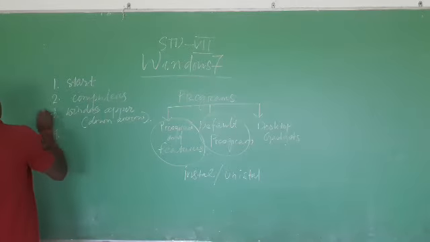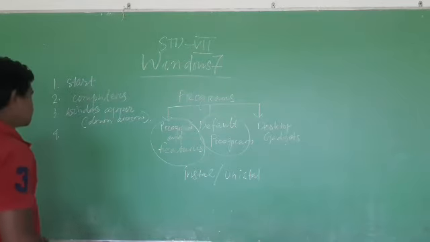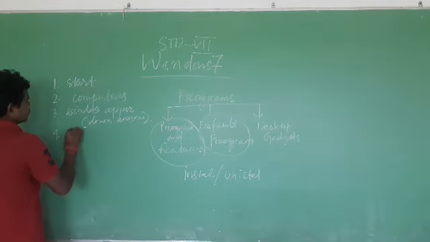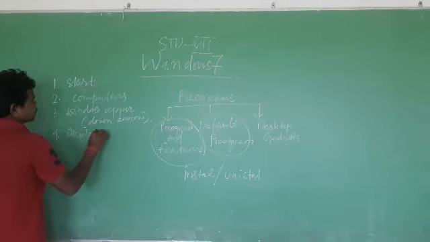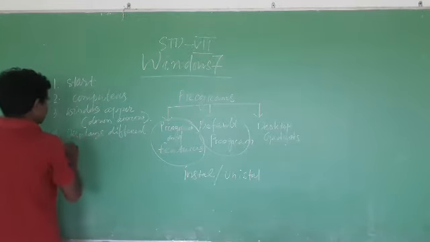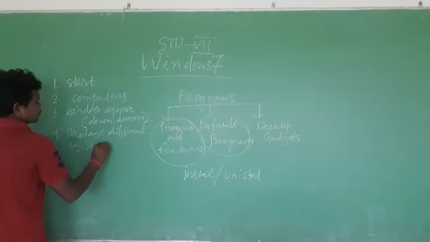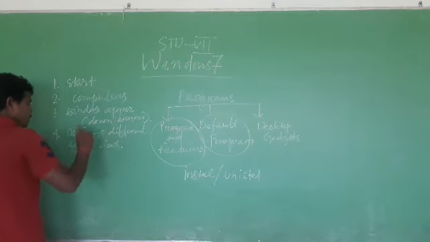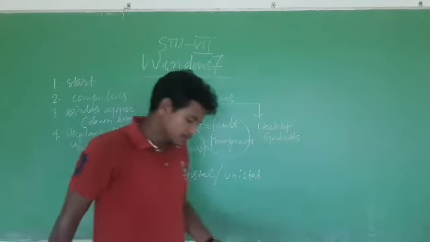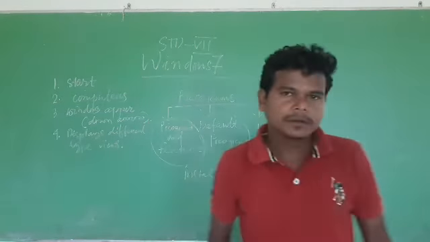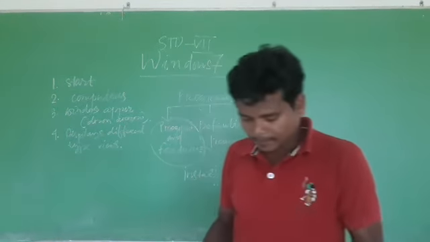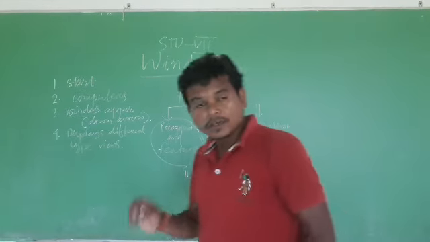Next, step number 4, it displays different types of views. Then you may choose. There may be extra large icons, medium icons, or list, very small, or icons with details.